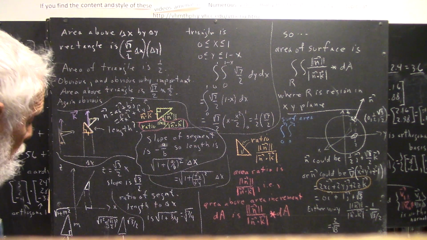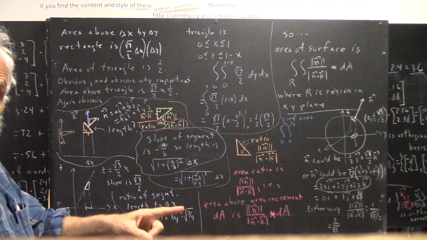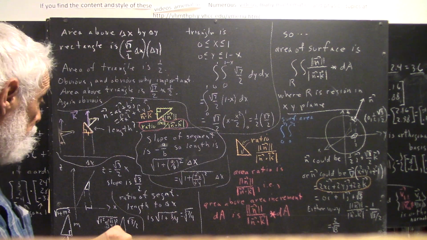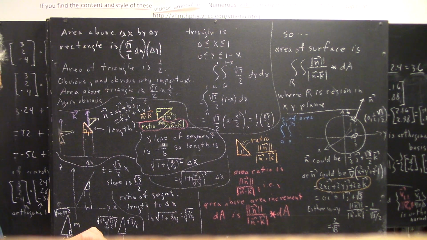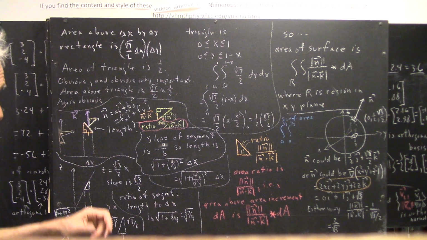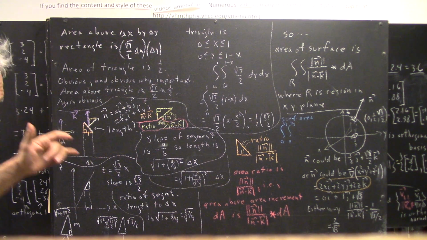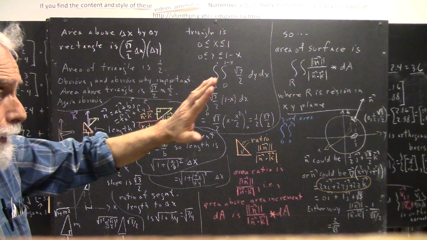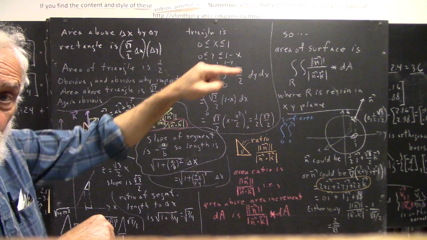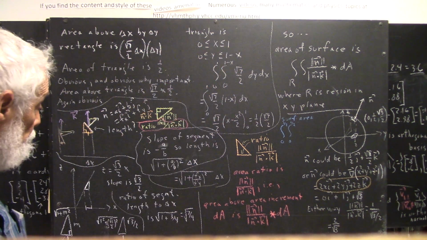So if we have a delta x by delta y region, the region on the plane up here is a small rectangle in the direction of the plane.